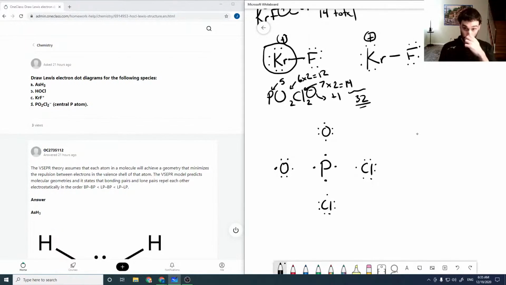Okay, so at this point we've got our single bonds. If we count our electrons up, we've got 2, 4, 6, 8, 2, 4, 6, 8, so that's 16 over here. And then we've got 2, 4, 6, 7 here, and 2, 4, 6, 7 here. So there's 14 over here, so that's 30, so we're missing 2 electrons.